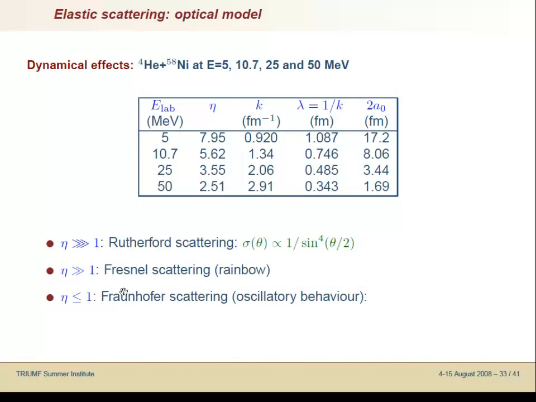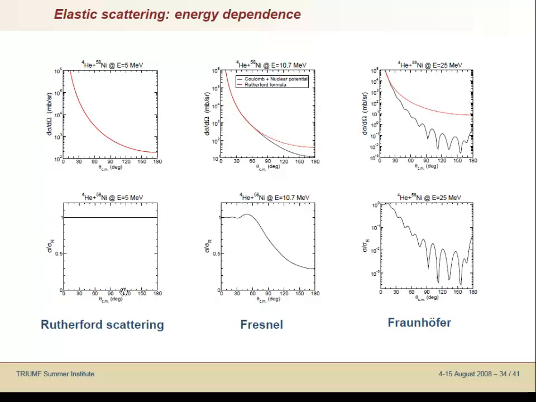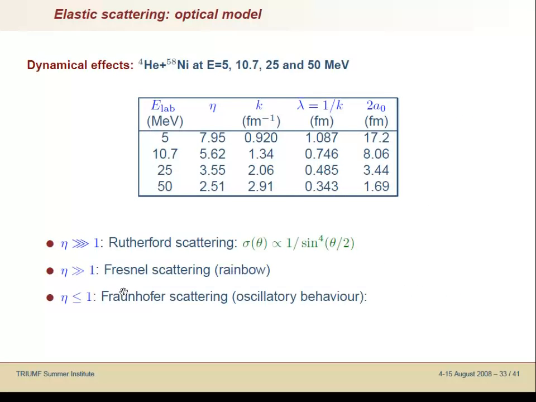Also, just anticipating what we will discuss next week, it's useful to have an idea of the wavelength of the projectile, because it gives us an idea to what extent the classical picture is useful or not.